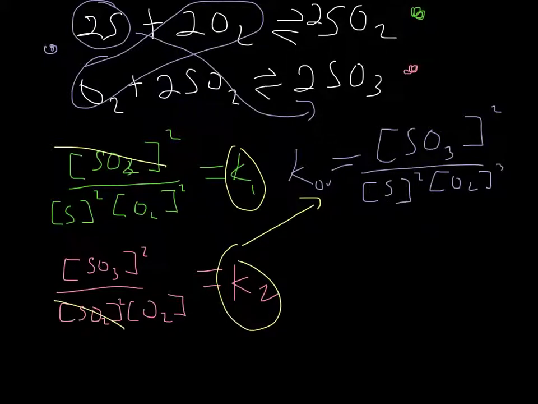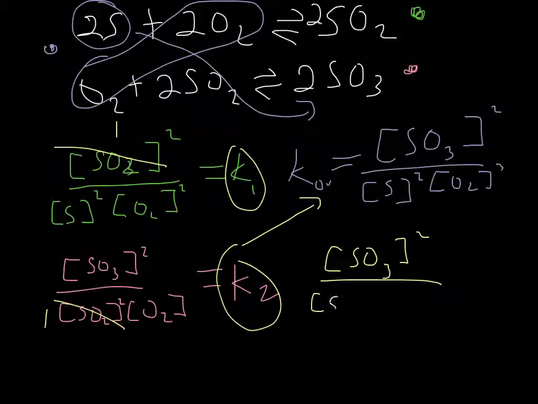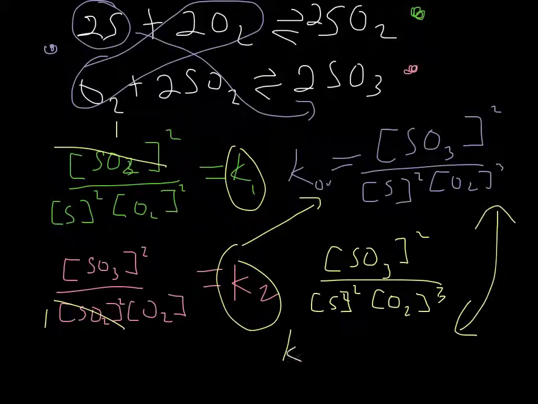And then you're going to have a 1 there, a 1 there, and then 1 times SO3 squared, you get SO3 squared, and then S2 times 1, you get your S2, and then the O2 squared times O2 gives you O2 to the third. So as you can see, these are the same. K1 times K2 equals K overall.